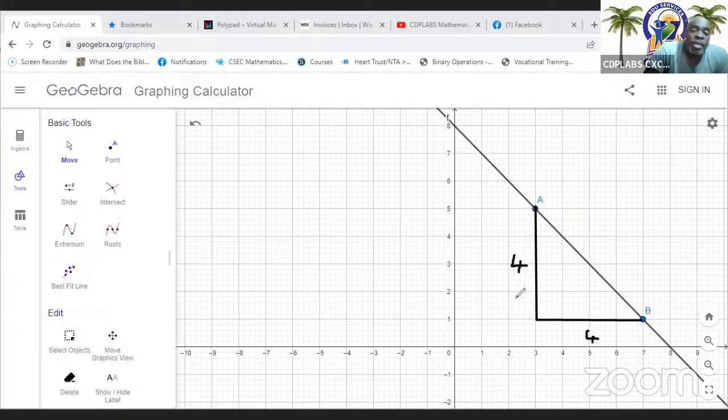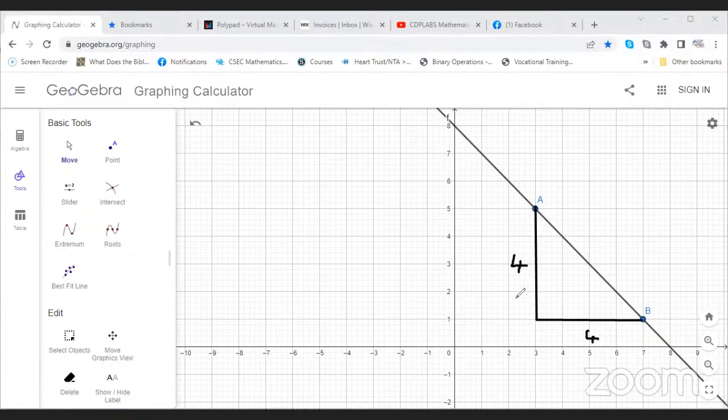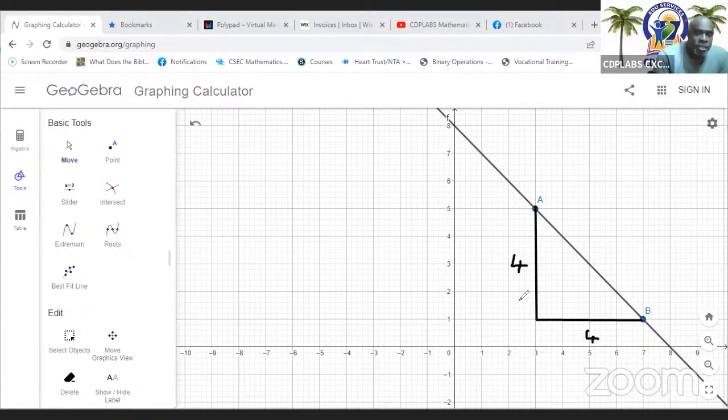So what then will be the length of AB? You can take a while to guess. What do you think the length of AB is? All right, quickly draw the triangle. You have a ruler, right? Quickly draw the full triangle that is formed here.